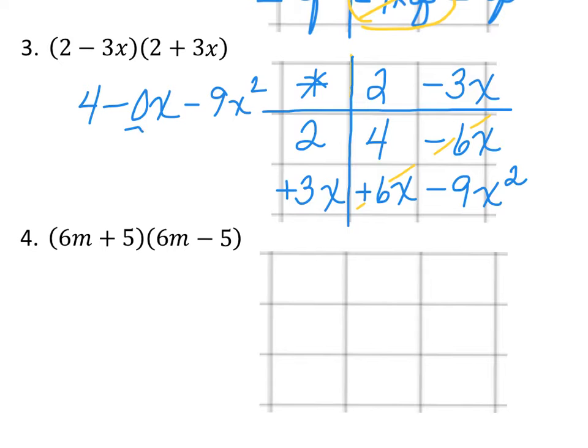We generally leave out the 0x and just say that that's 4 minus 9x squared.